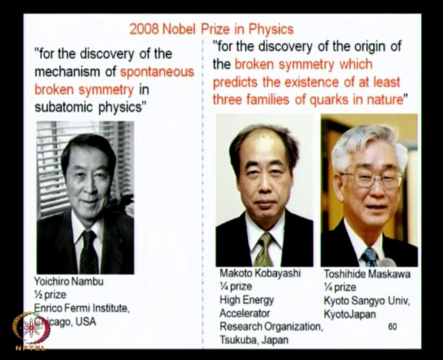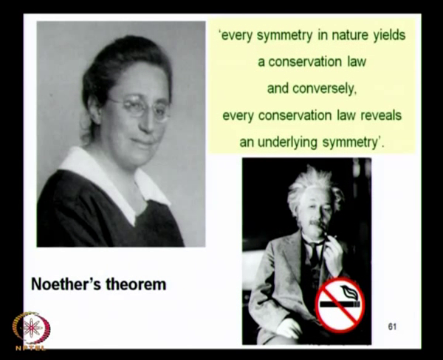The Nobel Prize for 2008 went to Nambu, Kobayashi, and Maskawa for throwing some light on these issues. These are clearly beyond the scope of this course, but these are some suggestions for further reading for some of you, and they all come from this basic idea that we have discussed, which we can understand even in terms of the simple two-body Kepler problem.